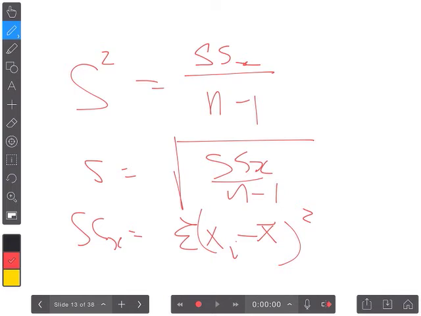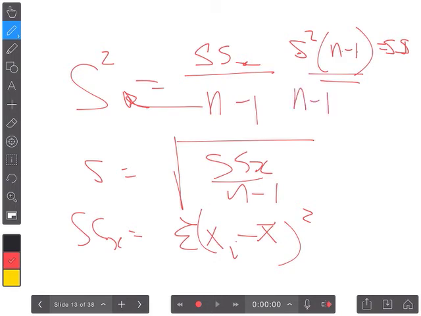So now, if I actually cross multiply this, what do I get? I will get s squared times n minus 1 is equal to a sum of squares. I'm sure you'll agree with me on that, right? So s squared times n minus 1, or n minus 1 times s squared, is the same thing.